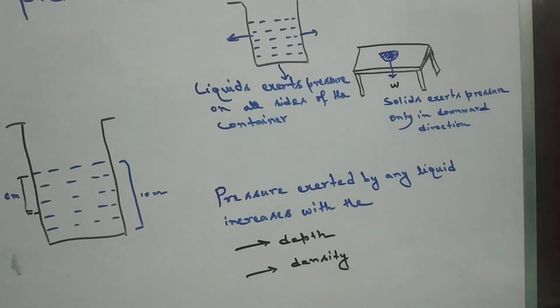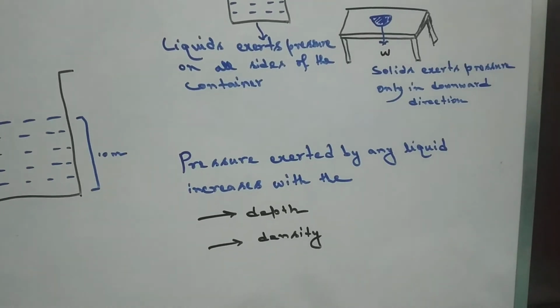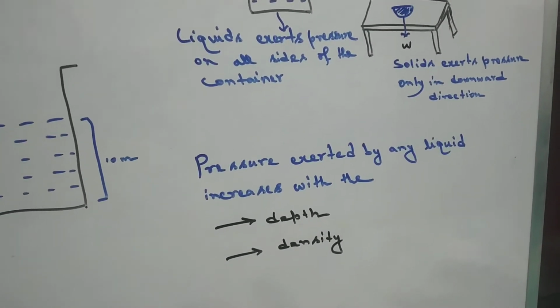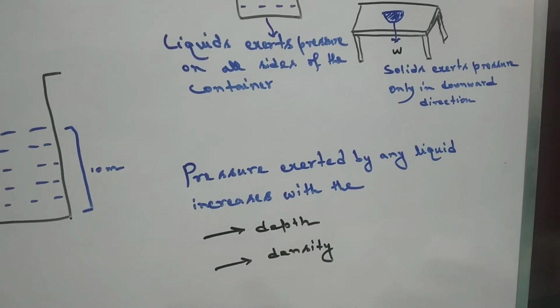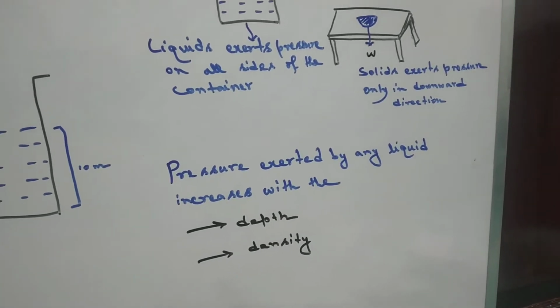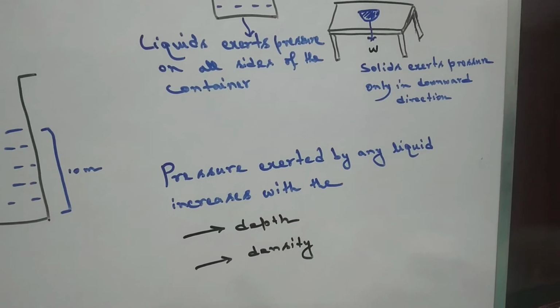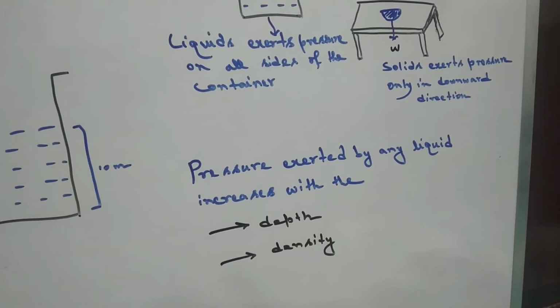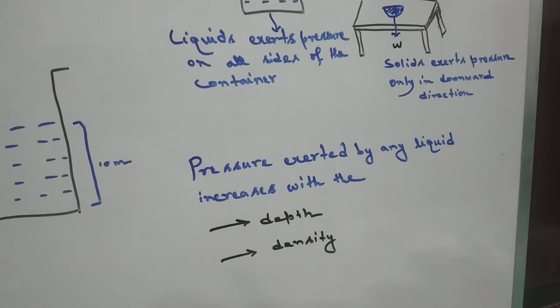Now, the pressure exerted by any liquid depends on two factors or two parameters. Pressure exerted by any liquid increases with the depth of the point and the density of the liquid.